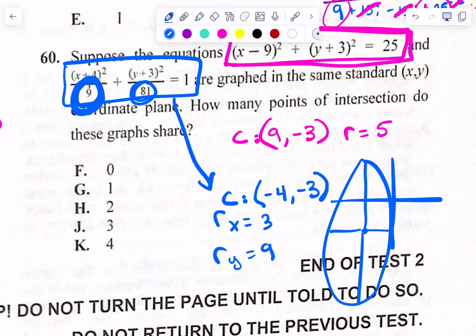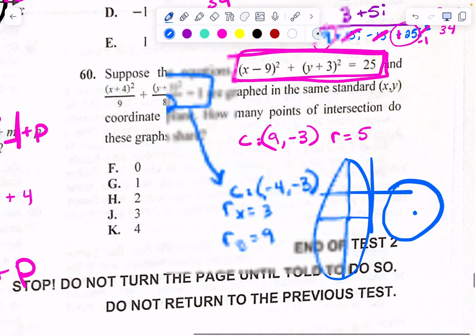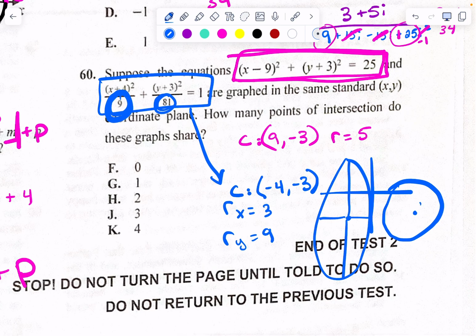How many points of intersection do these graphs share? So there's that. And I've got (9, negative 3) and a radius of 5. Is it 2? I think it's 0. So this is (9, negative 3) with a radius of 5.